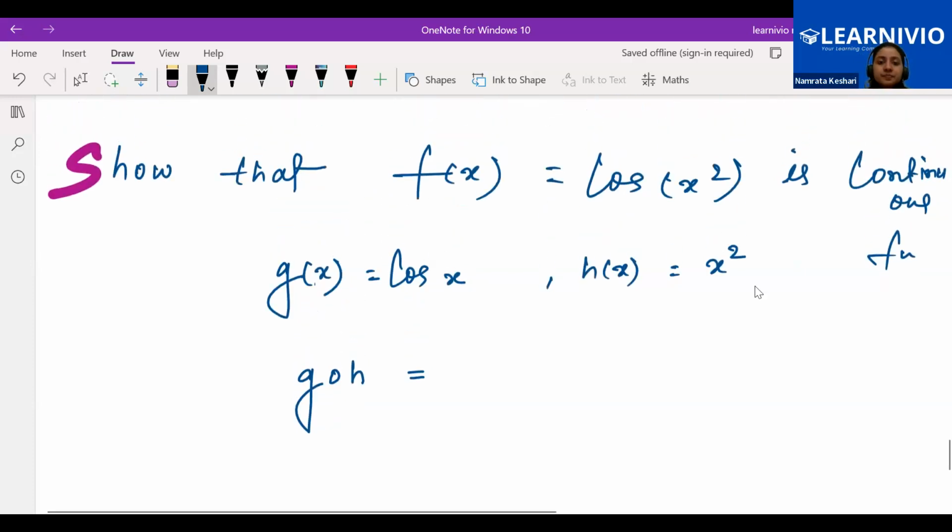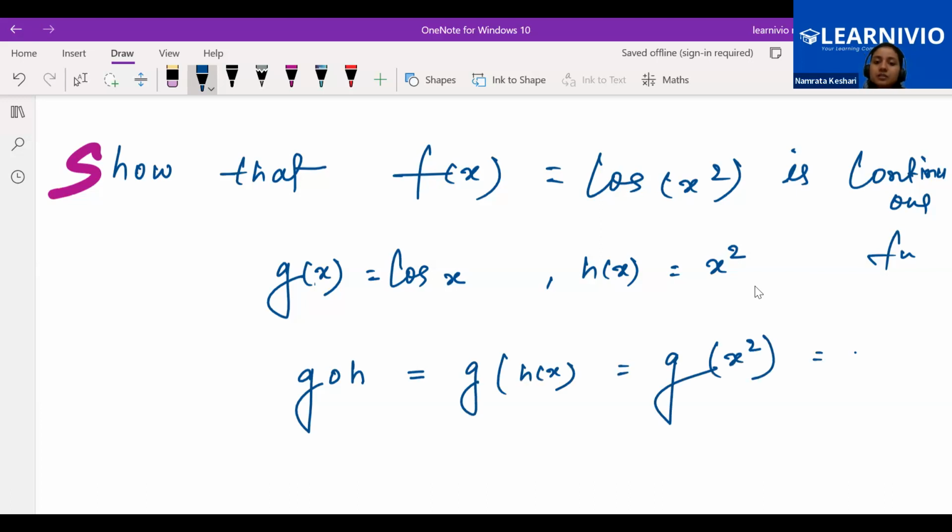Okay, ma'am. Okay. So yes, Fatima, what will be g of h? Can you find it? g of h(x), where h(x) is x square.